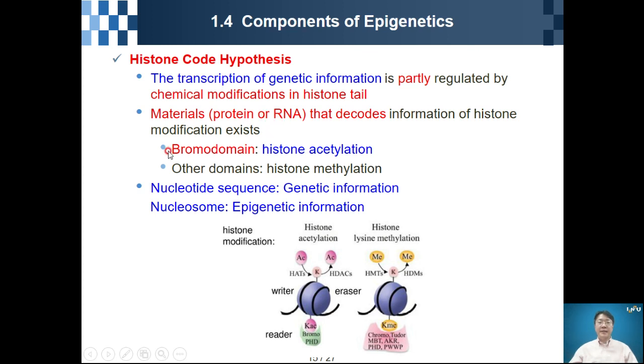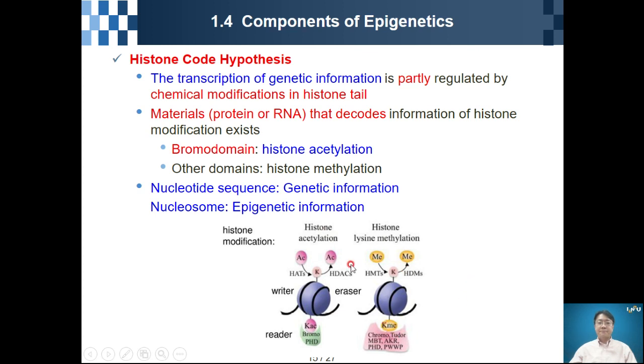Usually this is the bromodomain. The bromodomain is a protein. This bromodomain recognizes histone acetylation. So the bromodomain decodes the information of histone acetylation. Sometimes it can activate the transcription or inactivate the transcription. And there are also other domains.